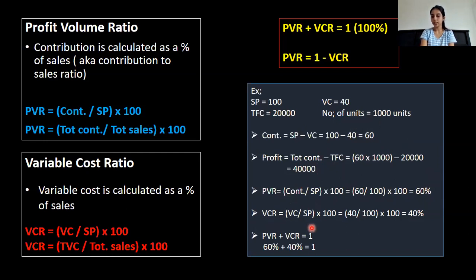Variable cost divided by the selling price into 100. What is the variable cost? Given to us as 40, divided by selling price 100 into 100 will be 40. So here you can clearly understand this relationship through this example. 60% plus 40% will be equal to 100% or 1. PVR plus VCR should be equal to 1.